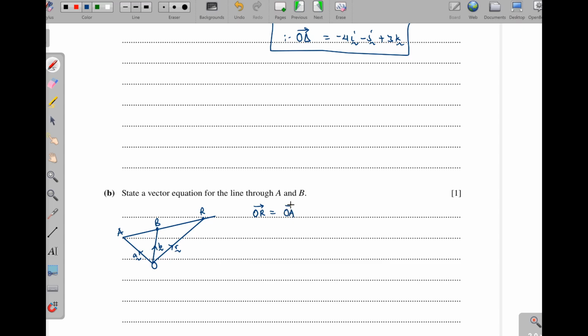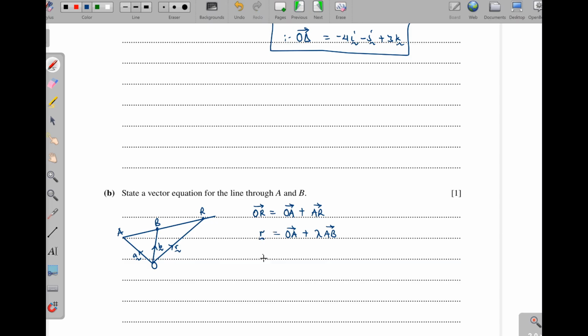So OA, then plus AR. Are we there? But AR is lambda AB. I can express this AR in terms of what I know. So there is a scalar I will multiply in AB to get my distance AR. Are we there? All right.